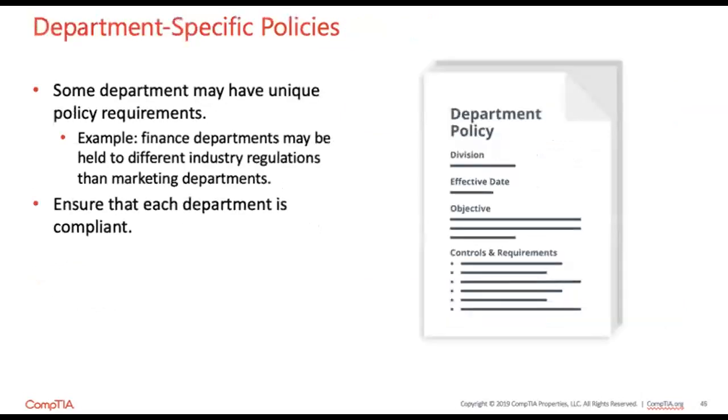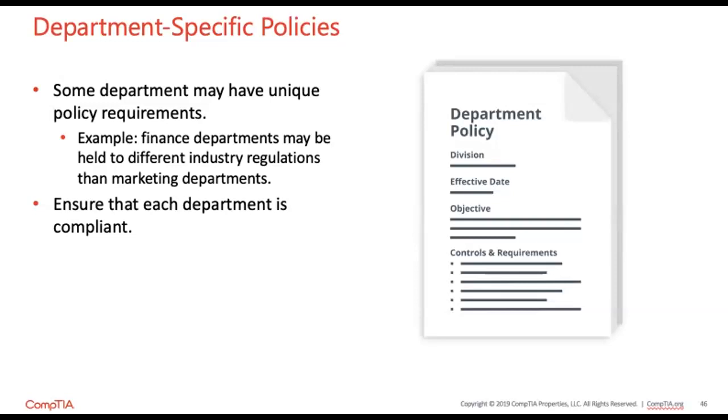So when we're looking at department-specific policies, these are tailored policies catering to the specific needs and regulatory requirements of different departments. An example could be that the financial department may have policies that are distinct from those of the marketing department, which is maybe more aligned with financial regulations.